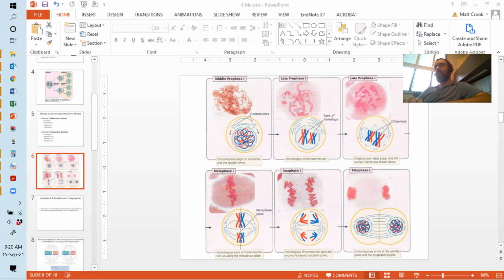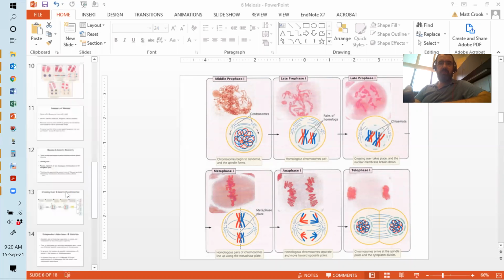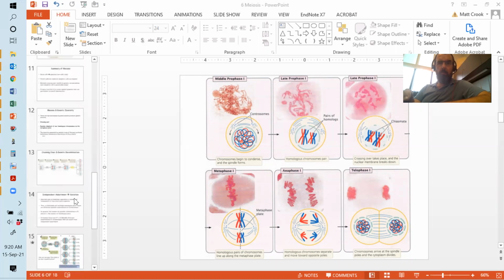And so this not only generates new combinations of alleles, but also, actually, let's show you a neat picture of that.